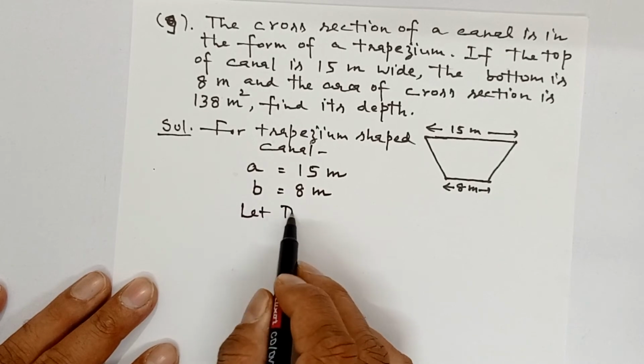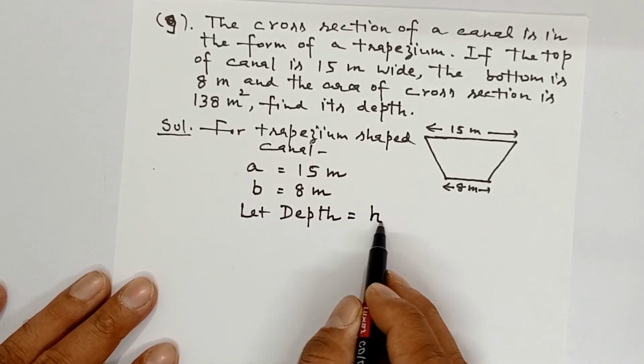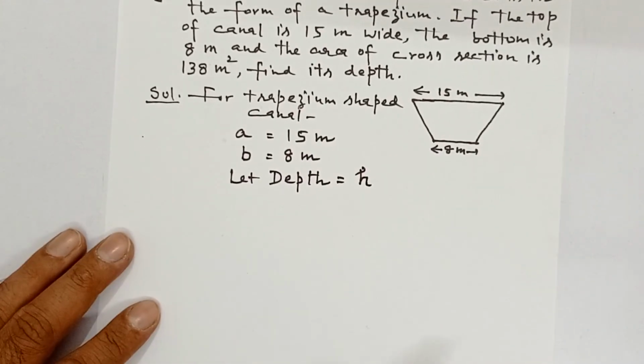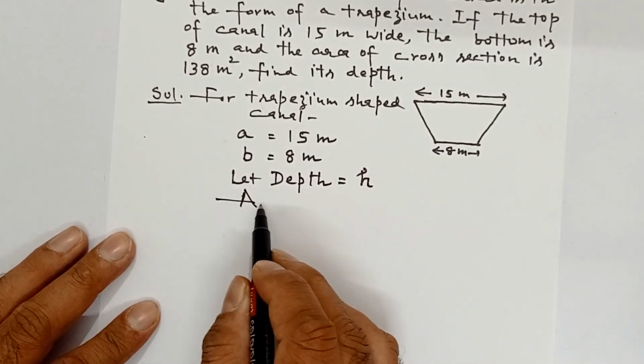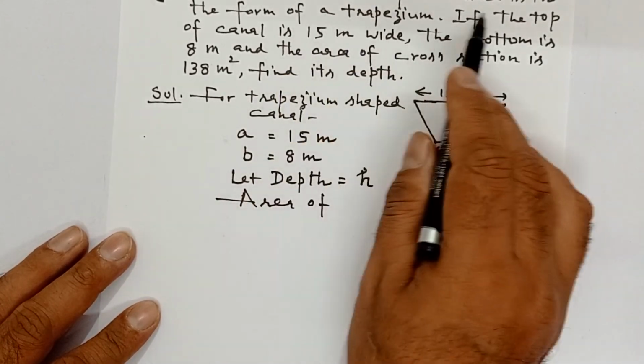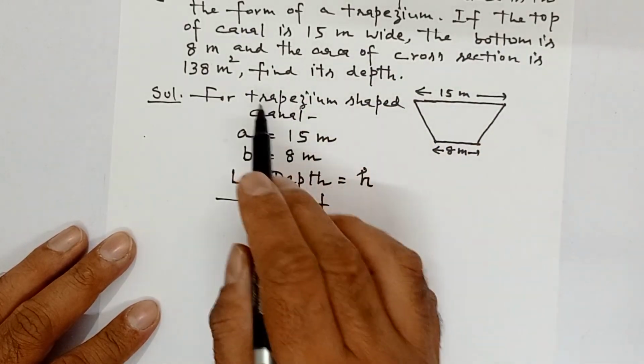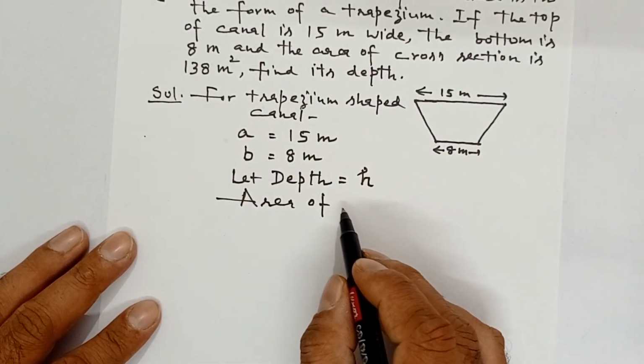Let the depth of the canal be denoted by h. This we need to find out. So what is given? The area of the cross section of the canal is in the form of a trapezium. Top is this, bottom is this, and area is this, 138.